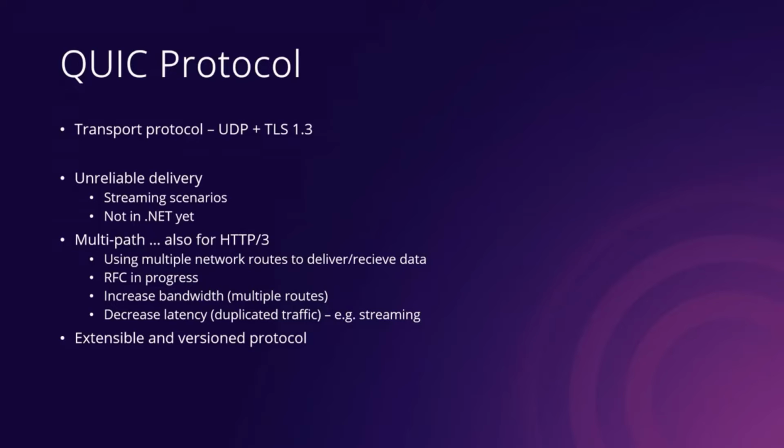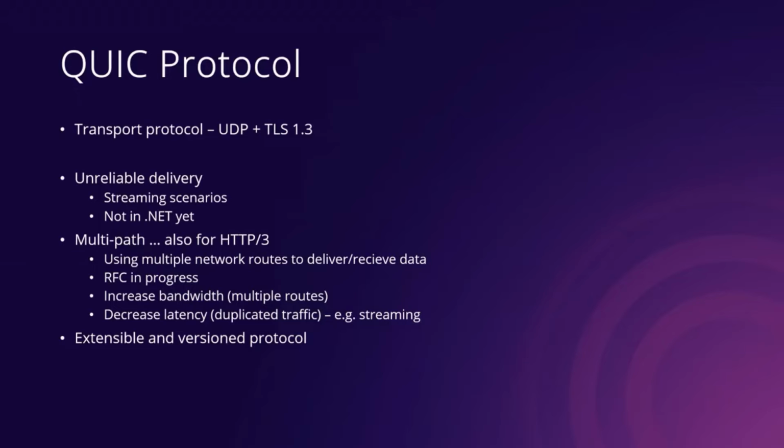Another thing is multipath. That's a feature that allows you to use multiple network routes to the same endpoint. That's still in progress, the RFC. You can either duplicate the traffic, which means you get lower latency, whichever packet or whichever data gets there to the end first wins. That's for streaming.